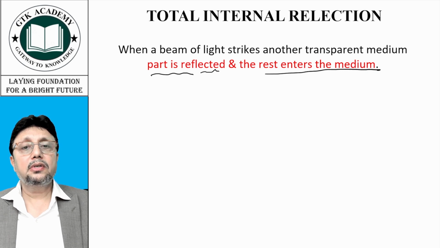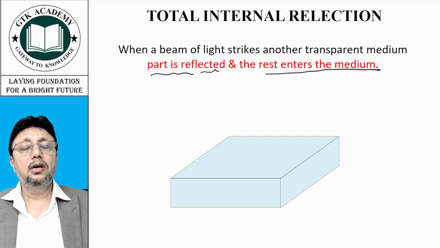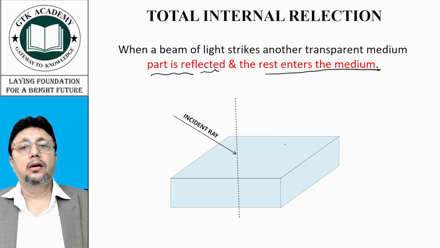And how it happens, I'm just going to demonstrate. For example, this is a glass block, a transparent glass block. A light ray is incident on this glass block. We draw a normal here. The ray is reflected. This is the reflected ray.